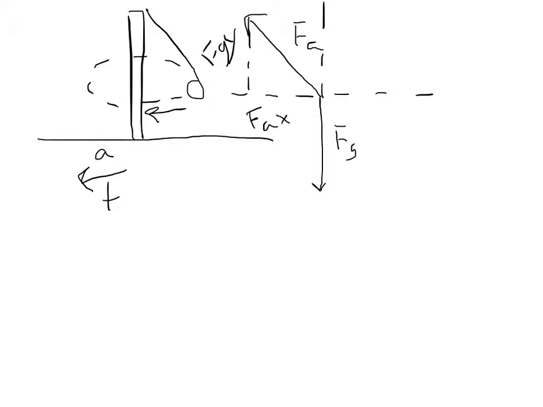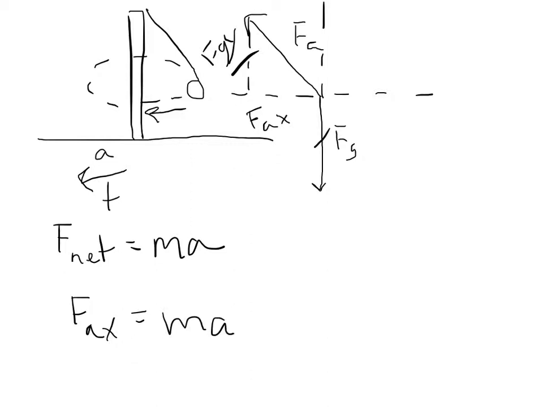So we know that the y dimension of FAY is going to be canceled out by the gravity, so we're left with the resultant force of FAX. So if we're to look at this in a force equation, we know that the net force is going to equal mass times acceleration. So then we can derive that FAX is going to be equal to the mass times the centripetal acceleration in this situation.